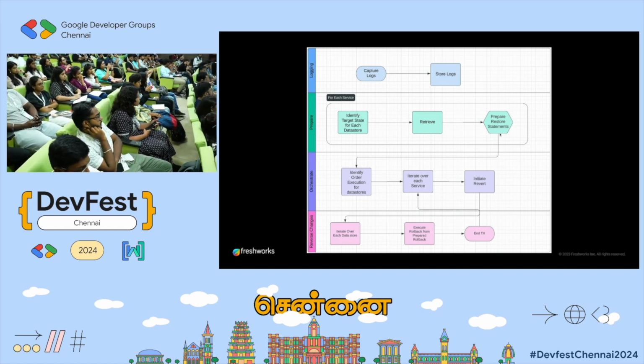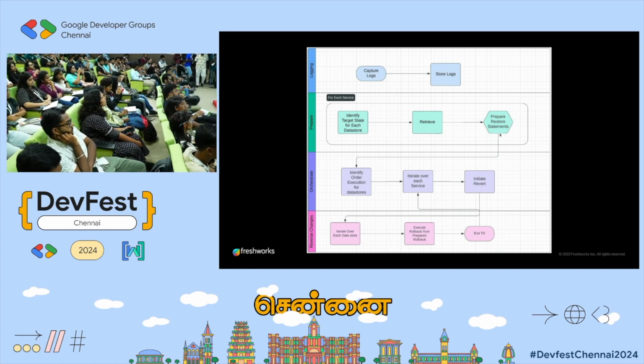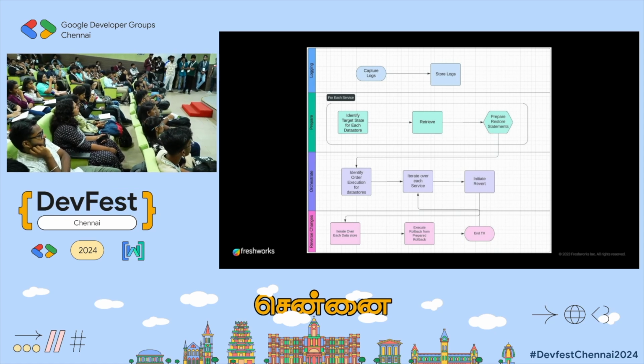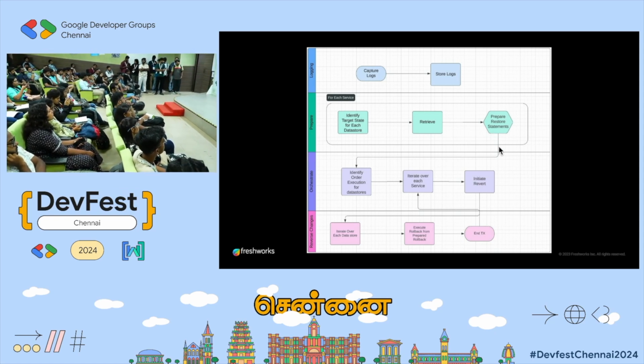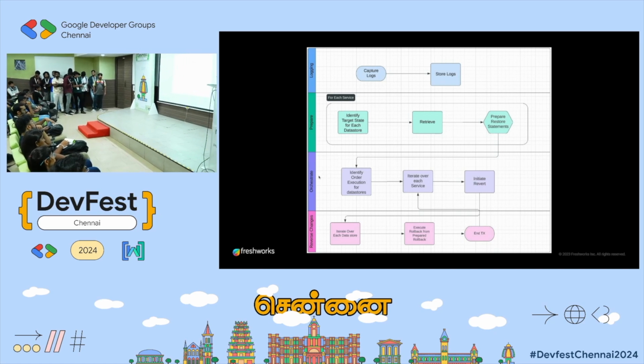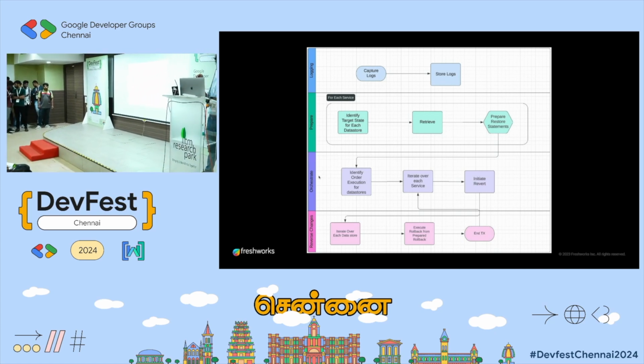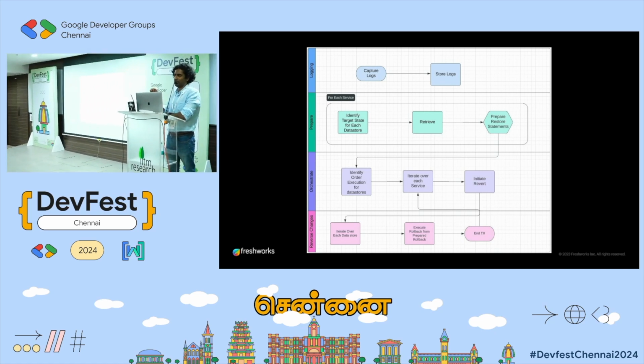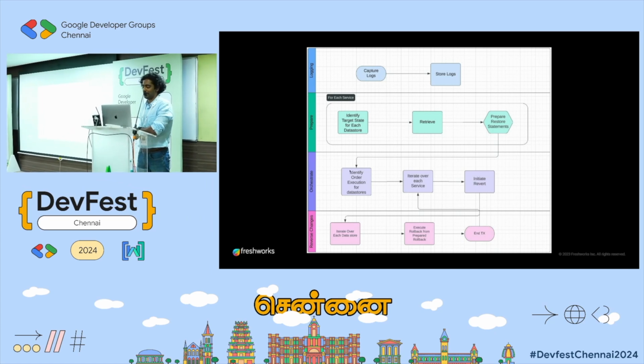So for each of the services, these are the changes that happened, and this is my restore option, the restore statements. Then you will need something called an orchestrator that takes care of calling and executing the restore operations in each of these microservices.